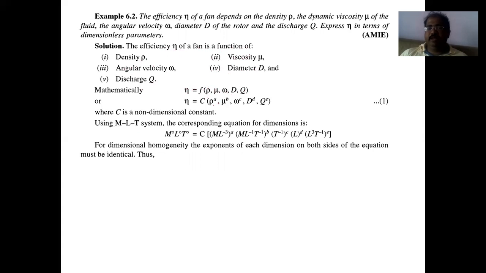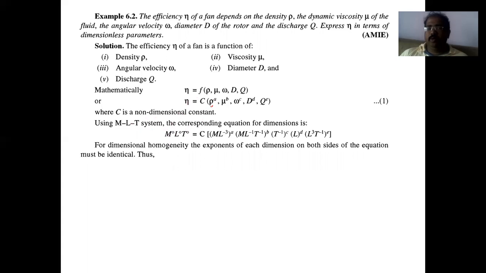And again, we put the exponents a, b, c, d, and e. Here C is the non-dimensional constant. When we convert to the basic units, eta is a unitless quantity, so we put M raised to power 0, L raised to power 0, and T raised to power 0.